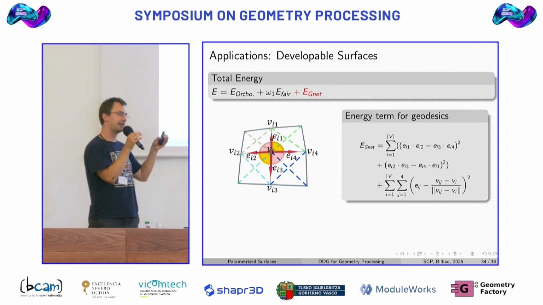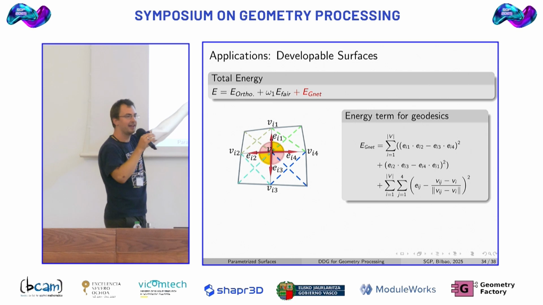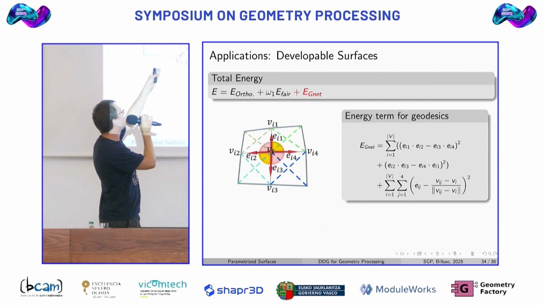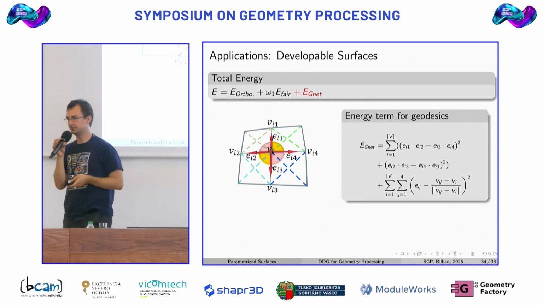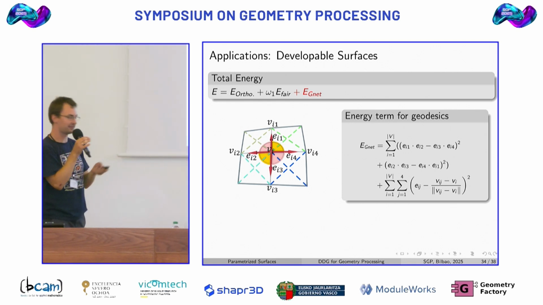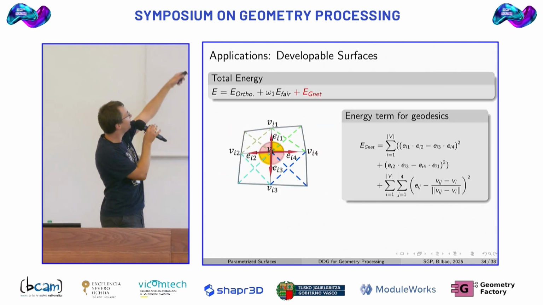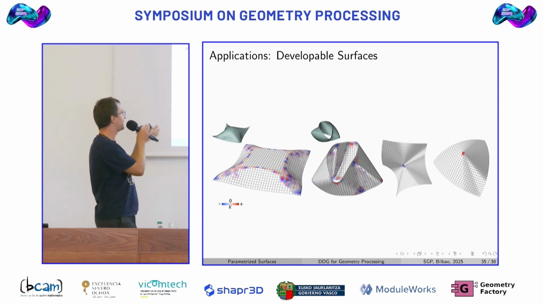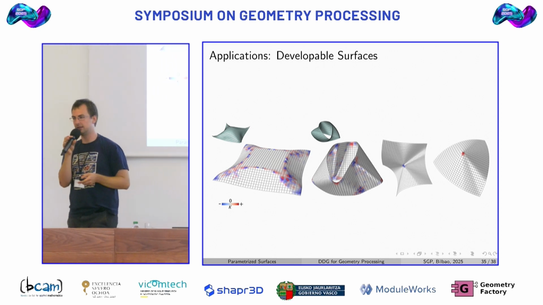You have to do a bit of computation from what I said before to see why this is a good discretization of geodesics, but we arrive at the fact that opposite angles in every vertex star are equal. This is a common discretization of geodesics, and optimizing this combined total energy gives you surfaces that have close to 0 Gaussian curvature, so something close to developable surfaces.